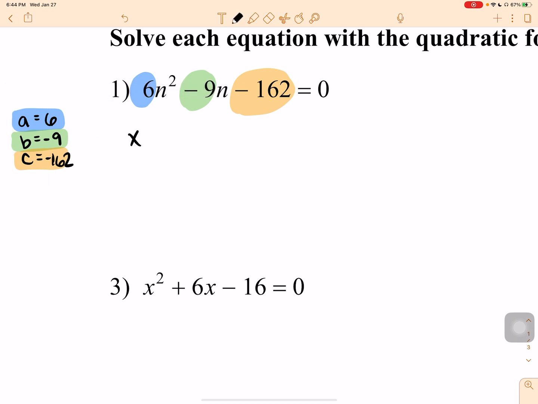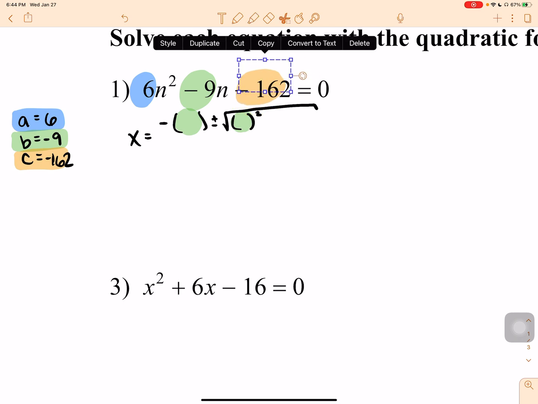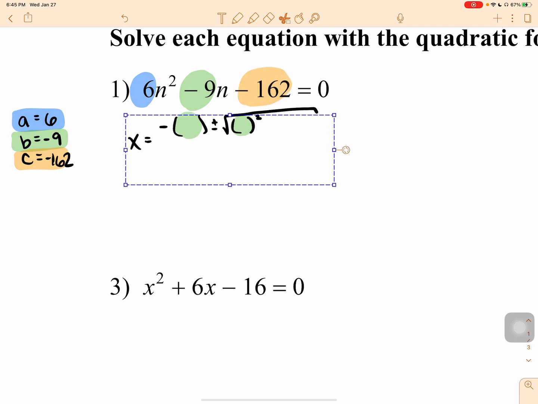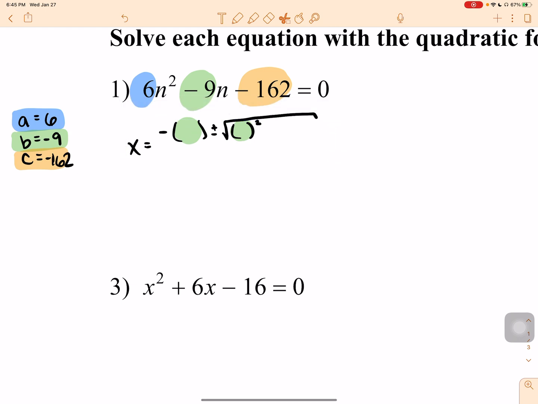So we have x equals negative b plus or minus the square root of b squared minus 4 times a times c.